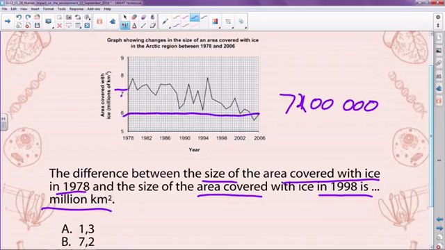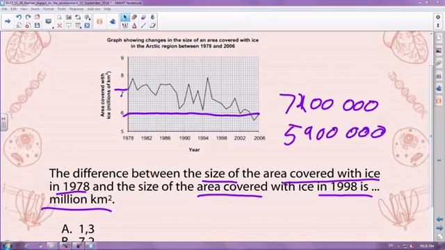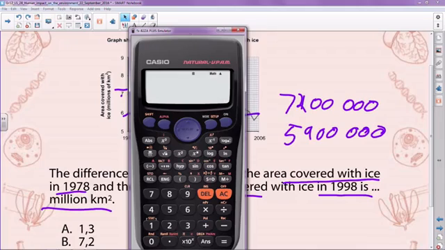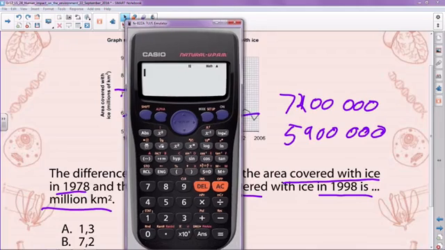Okay, and that one is 5,900,000. Okay, so if I had to use a calculator quickly, it's 7,200,000 minus 5,900,000.